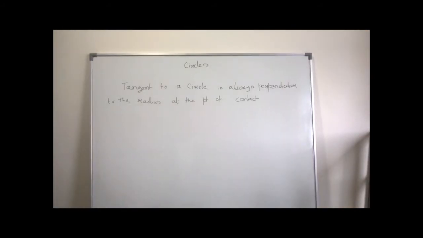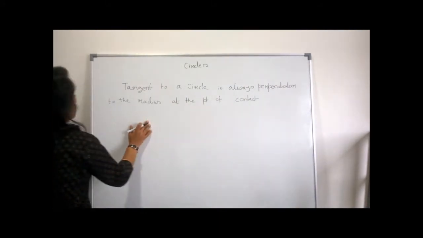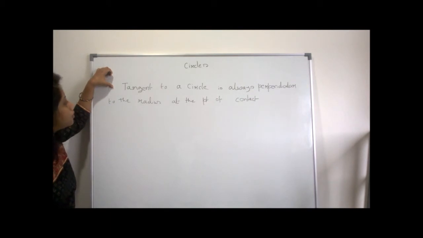Here you see the first property of a tangent that we have to prove: a tangent to a circle is always perpendicular to the radius at the point of contact. What does it mean?